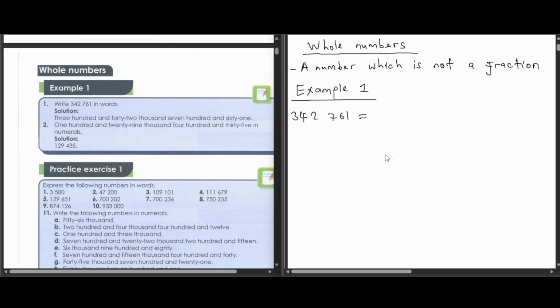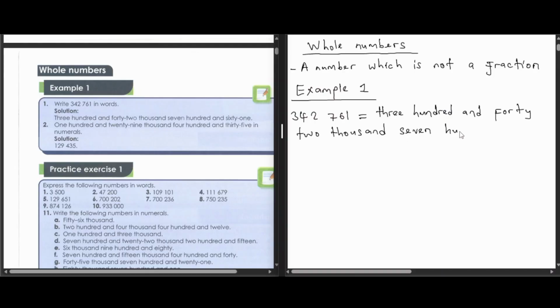342,761. Saka tikatogona kuidana zvakanaka semadaniro andaita, it's going to be easier to write it down, because panapa is 342,000. Saka tinotonyora 342,000 like this, 761.